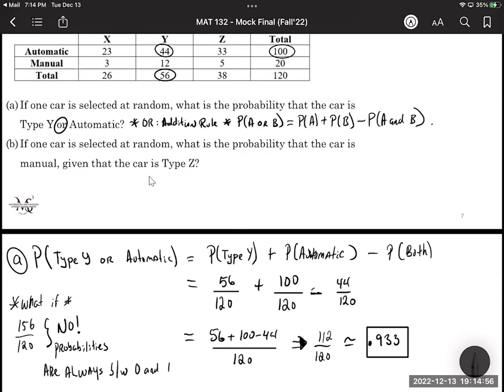The key word is given. Given, that's right. My internet might be a little unstable, so if you don't hear me clearly, let me know and I'll repeat myself. So the key word here is given. This refers to conditional probability.